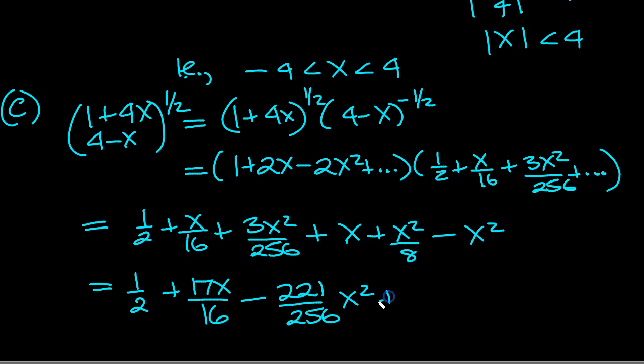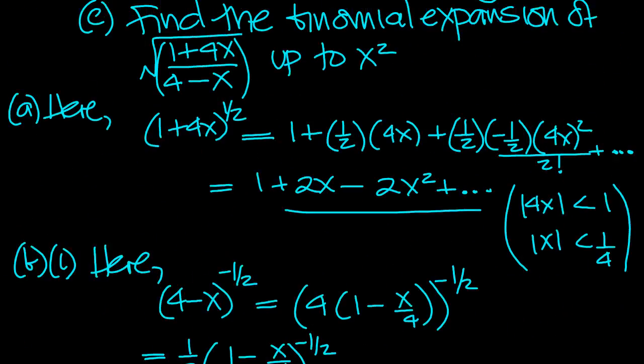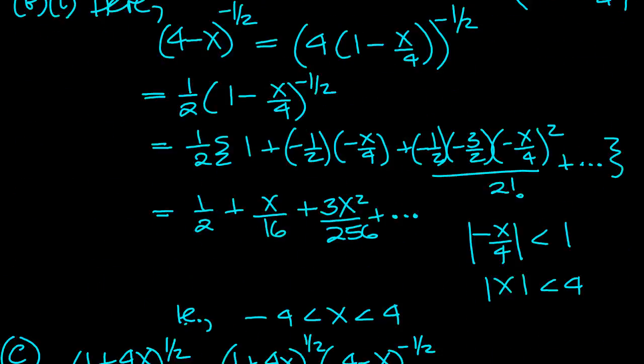Lots of x squared plus dot dot dot. So there's the first three terms up to x squared, the binomial expansion of this. And I think that was the last piece of the jigsaw there. Yeah, which we've done.